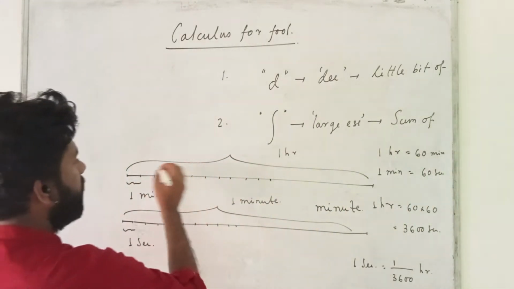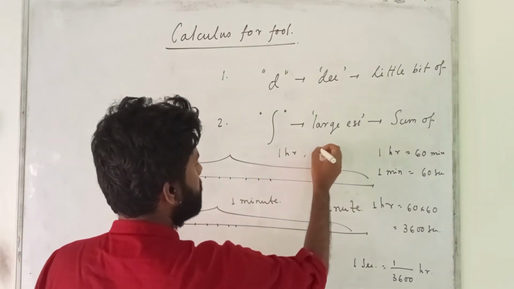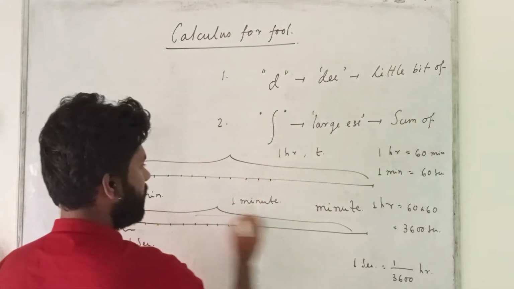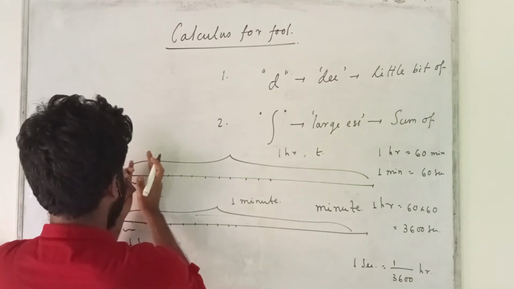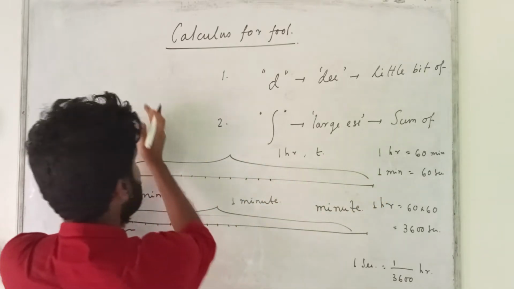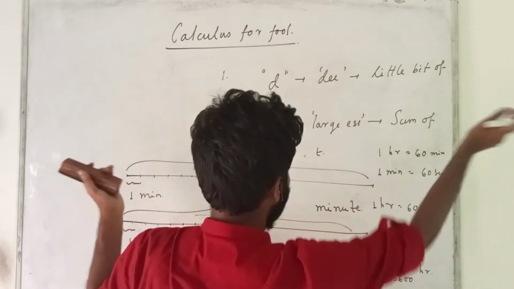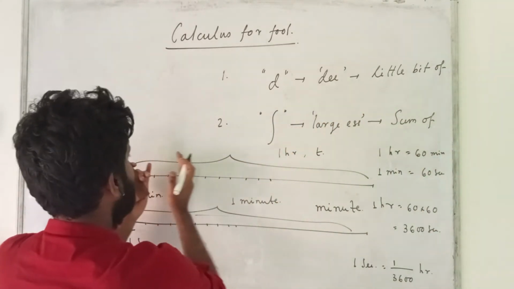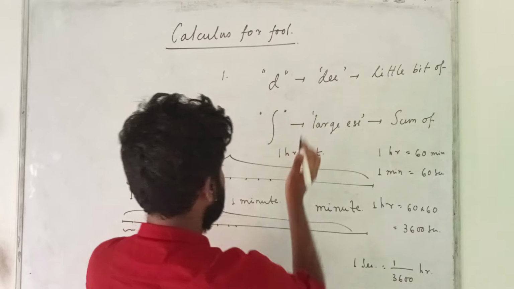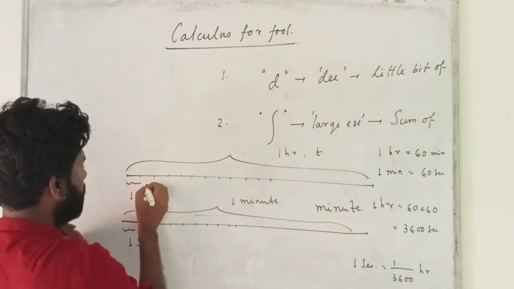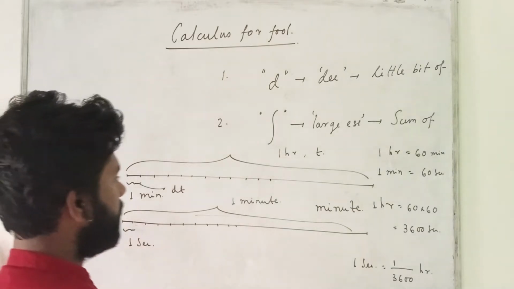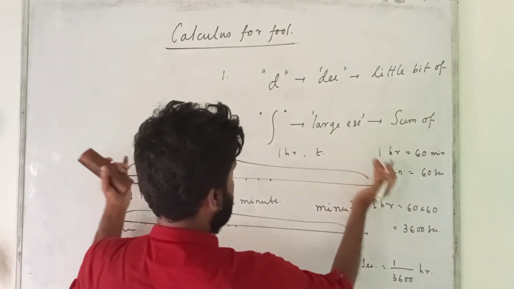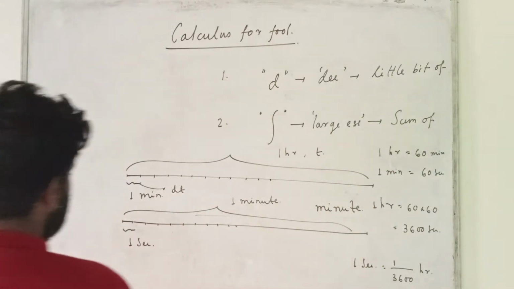If I call this t, what is 1 minute actually? The minute fraction of time, I mean the little bit of time, a little bit of t. So this 1 part is called dt. So 1 minute means a dt. And then what is 1 second?